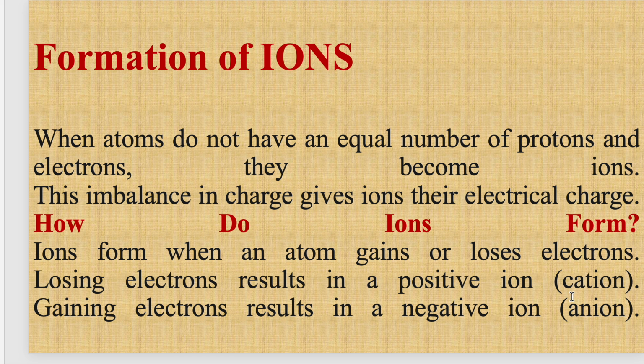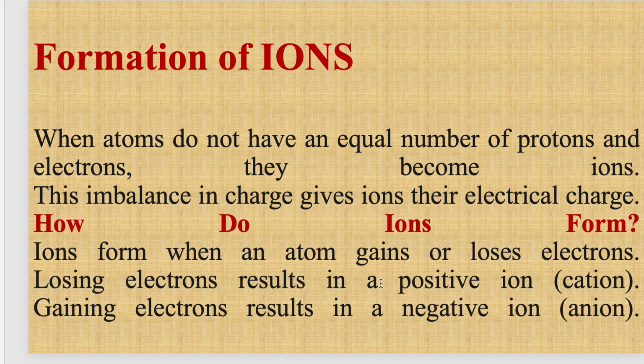So we can say that cation and anion are the two types of ions. You can remember it with the help of this concept: cat, because a cat is your pet animal and it's a friendly animal, so it creates positive vibes. So cations are positive ions.